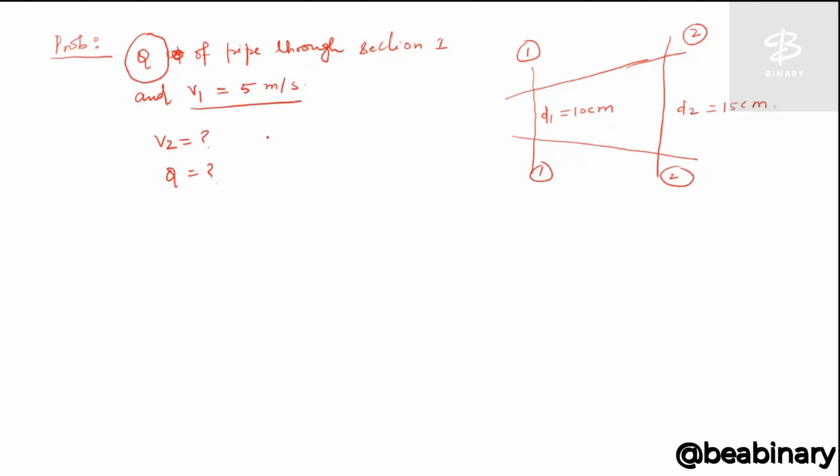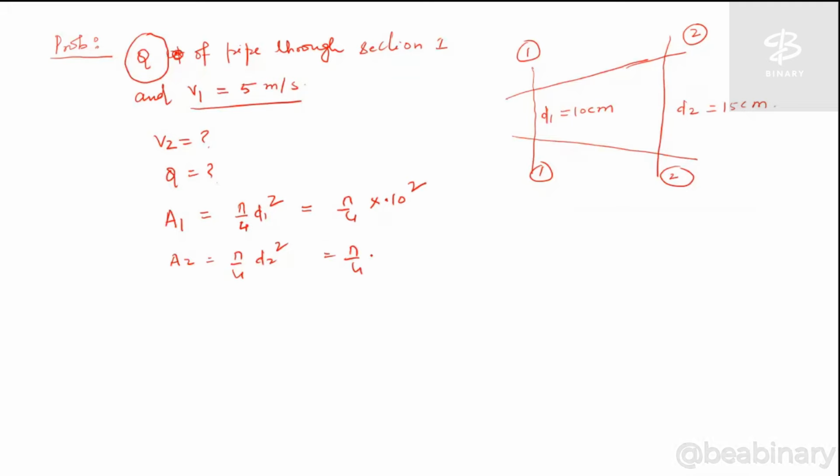Okay, so first we find out the area. The area at section 1 is pi by 4 d1 square, and A2 is pi by 4 d2 square. So if I put the values, that is pi by 4 into 10 square and pi by 4 into 15 square.